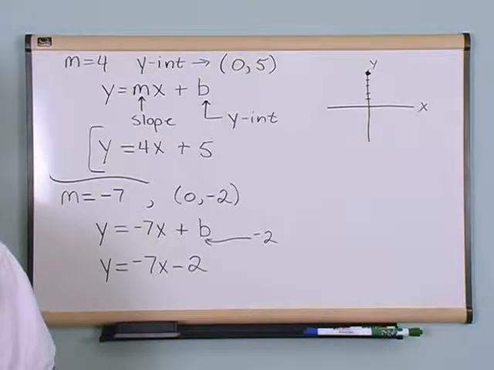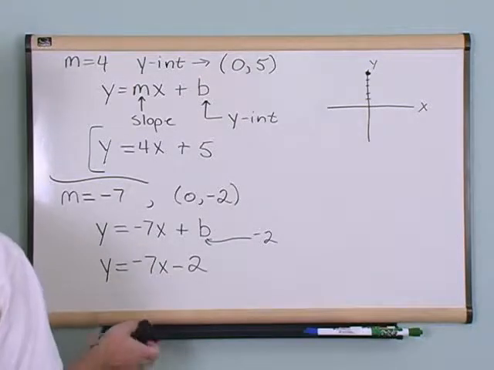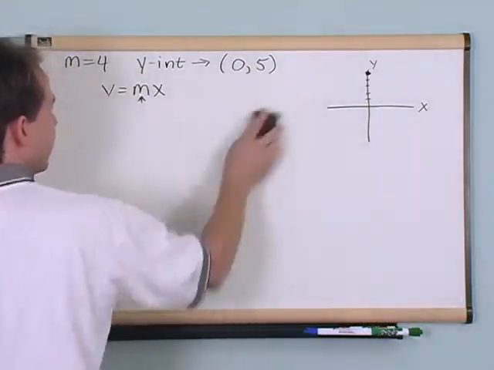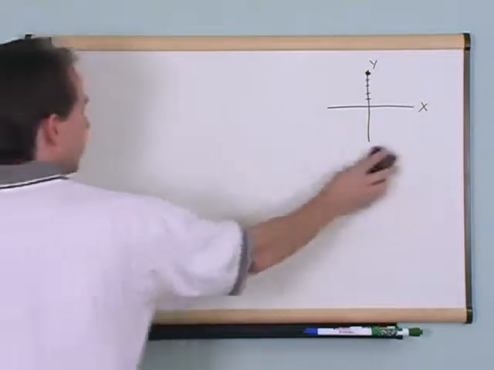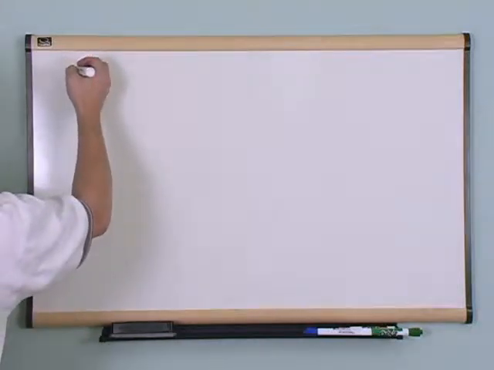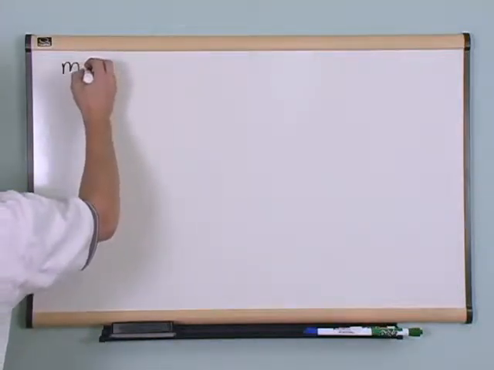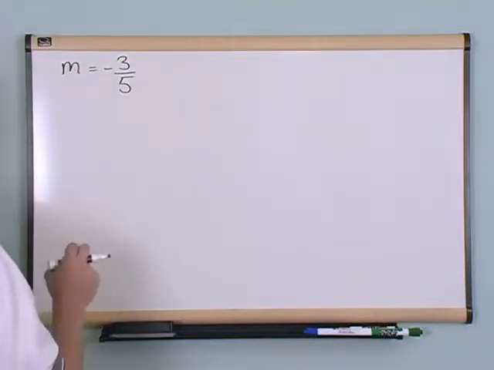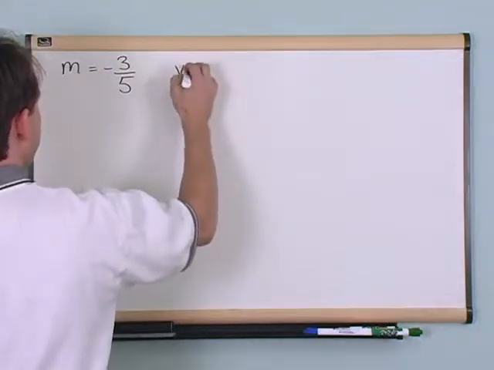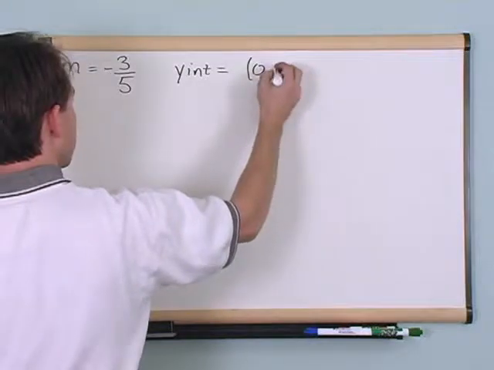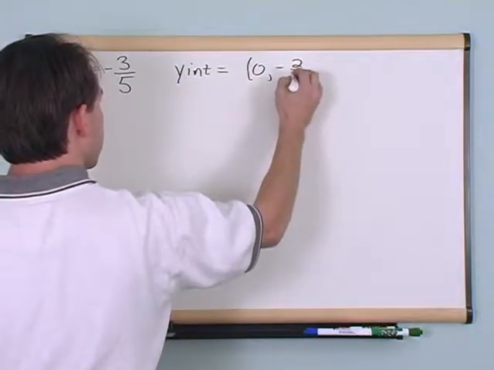So you can see that once you get the general understanding of the equation of a line, and you know that the general form is mx plus b, where m is the slope and b is the y-intercept, it's very easy to write the equation of a line. Let me give you a few different examples here. Let's say the slope is -3/5 and the y-intercept is (0, -2/5).